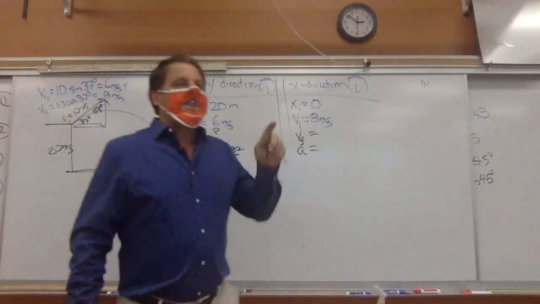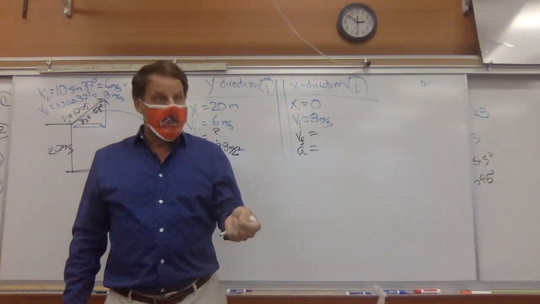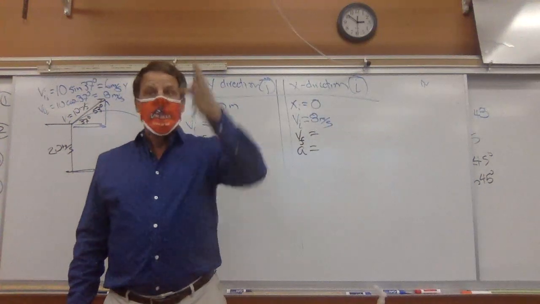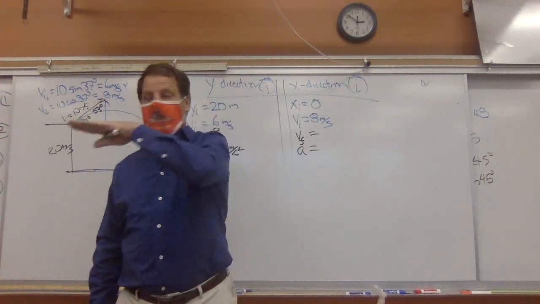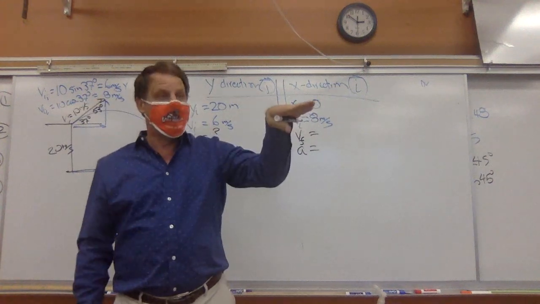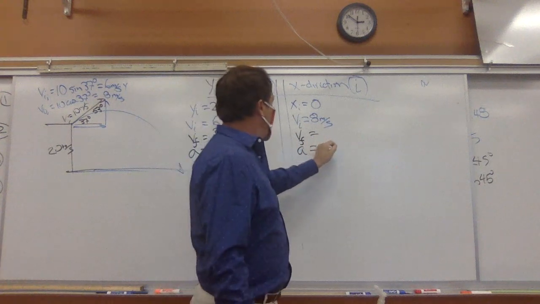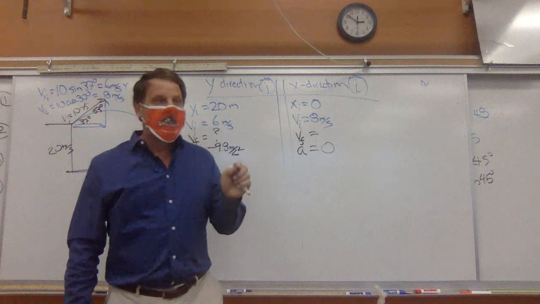This right here is a very obvious answer that is not so obvious. Okay, but afterwards you'll kind of get that. Gravity is only acting up and down, right? So gravity is not acting in the x direction. Okay, so there is zero acceleration in the x direction.